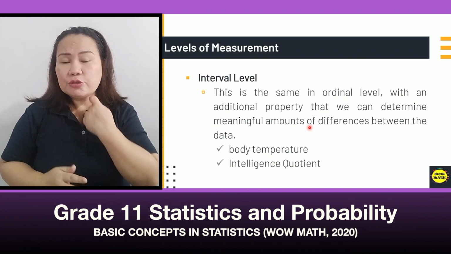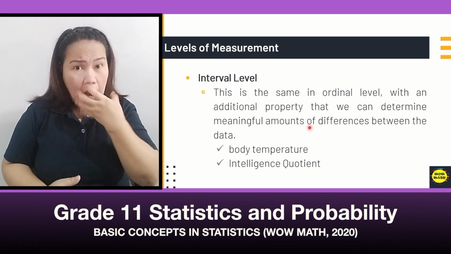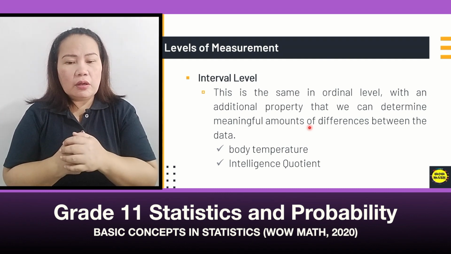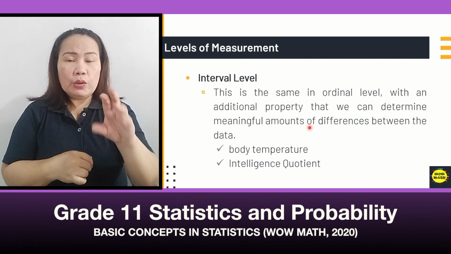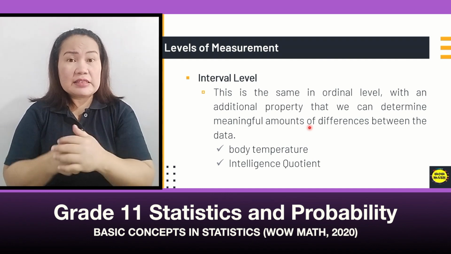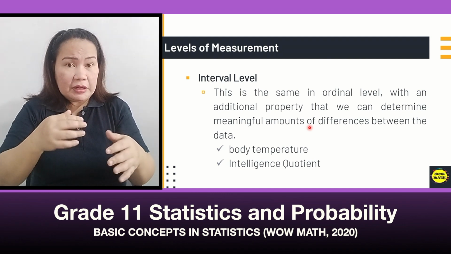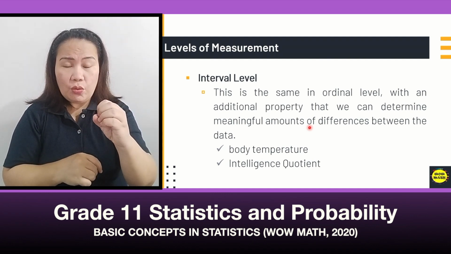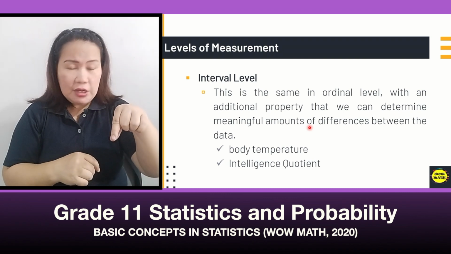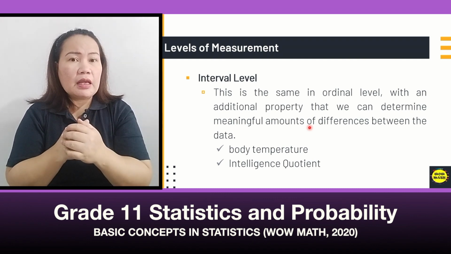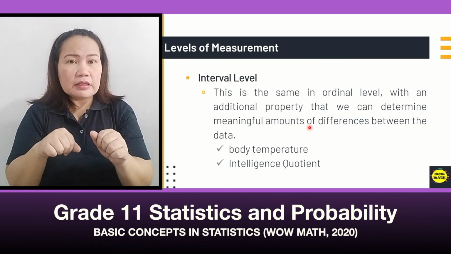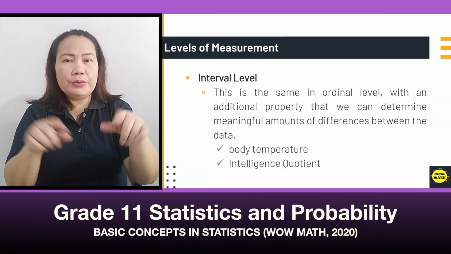When you say intelligence quotient, we can tell not only which person ranks higher in IQ, but also how much higher he or she ranks than another. But zero IQ does not mean no intelligence. So the students could be classified or categorized according to their IQ level.